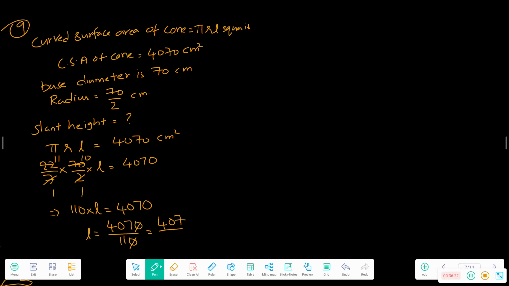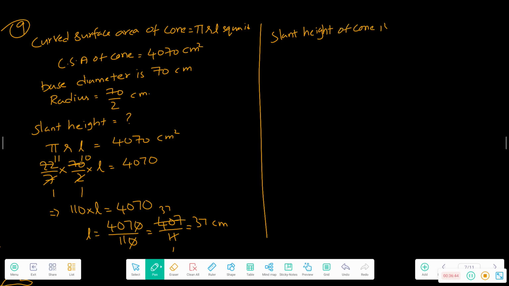It will become 407 by 11 and it is 37 centimeter. 11 ones are 11, 11 threes are 33, remainder is 7. So slant height of cone is 37 centimeter.